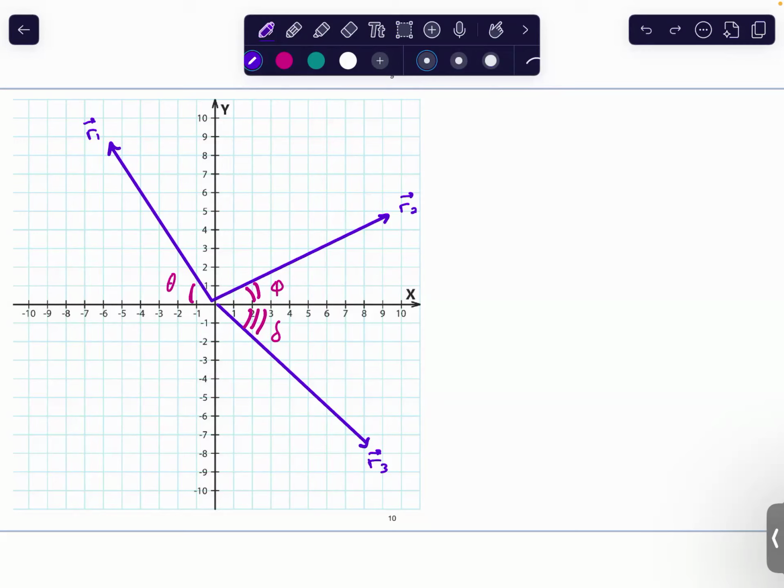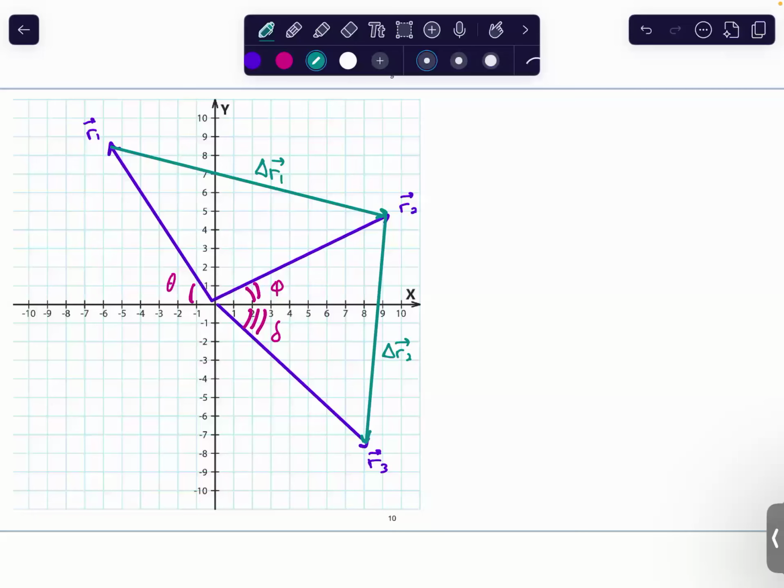Okay, so think about displacement vectors. We have one that goes from 1 to 2, and one that's going to go from 2 to 3. What these are going to be is your delta R1 and delta R2.